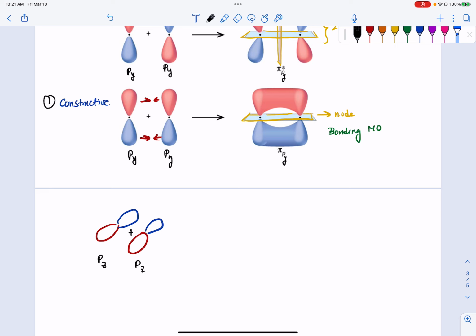And if we were to add them like so, we would get a very similar shape to what is seen above, just again rotated in 3D space so that it is now oriented and pointing out and in of the board. And here now the planar node would be flipped and rotated, would be this plane.